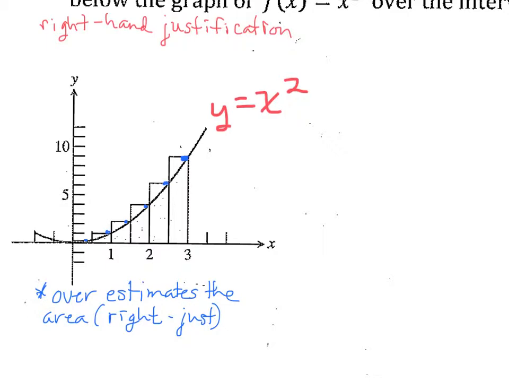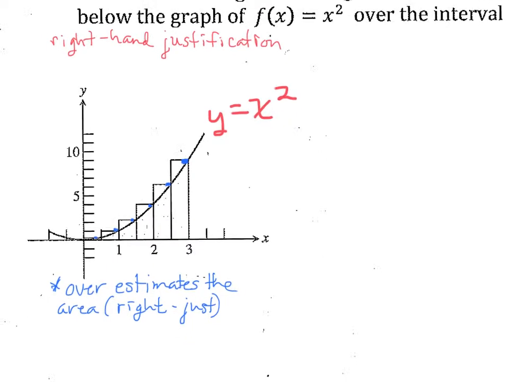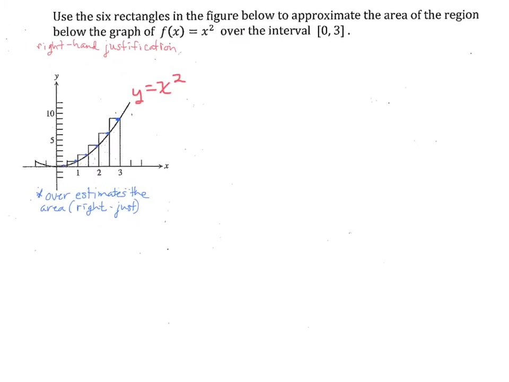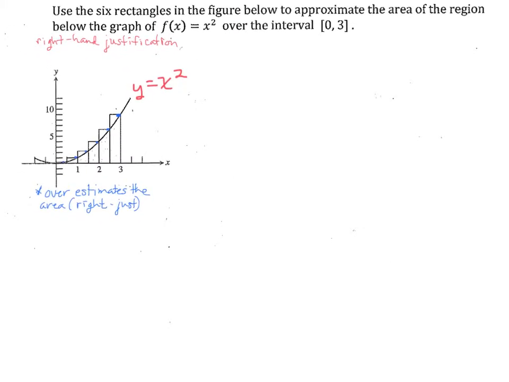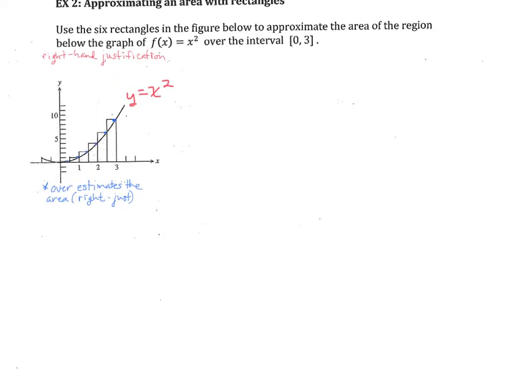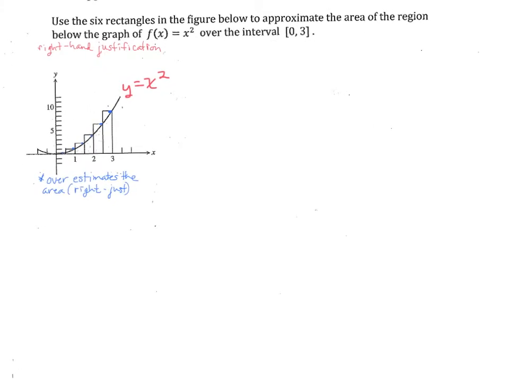But before we do that, we're going to actually calculate the area, and we're going to need some room to do that. So I'm going to zoom back out. Okay, we're going to create a chart, and unfortunately I don't have the ability to do straight lines, so my line's going to look crooked, but use a ruler.